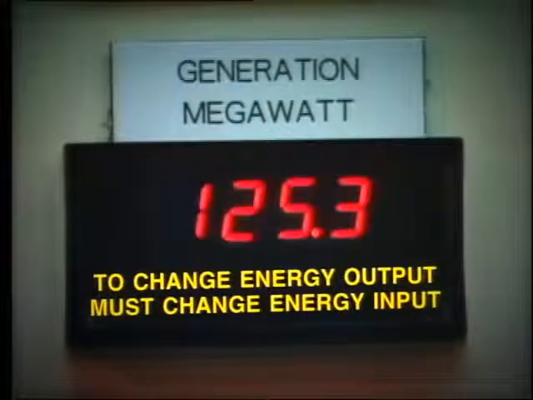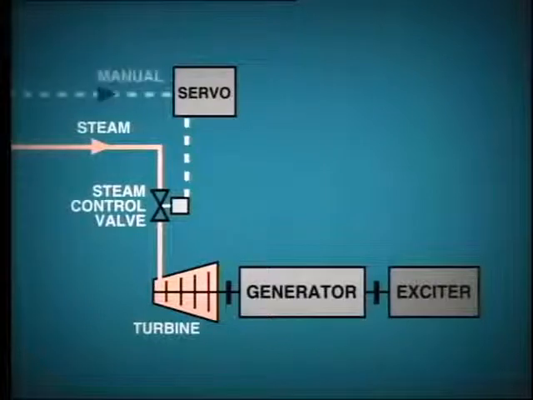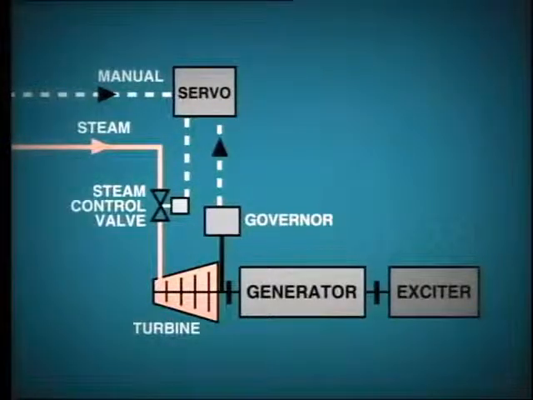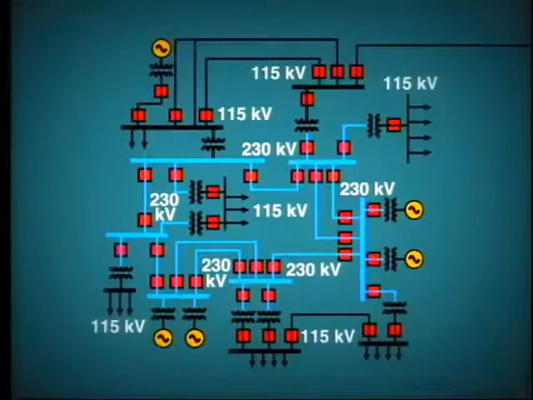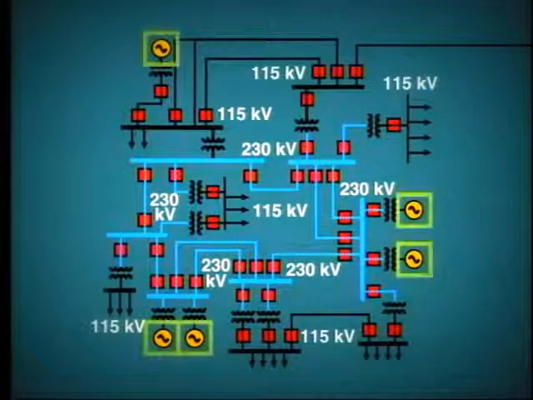This may be performed in several ways: manually by the operator in accordance with predetermined loading instructions or on request from the dispatcher; automatically by the turbine governor, which responds to changes in turbine speed, which is in turn related to system frequency; automatically by the dispatcher's AGC if this particular generator is being used for regulation, that is, to assist in frequency control.